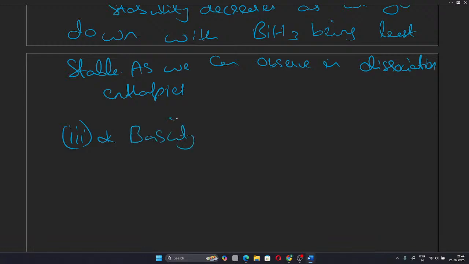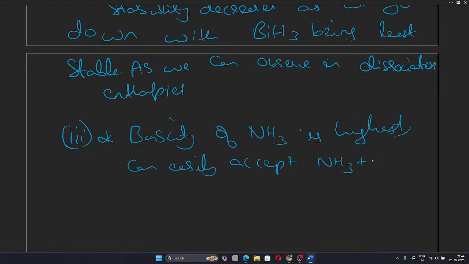Basicity of NH3 is highest, it can easily accept H plus to become NH4 plus. Basicity of BiH3 is lowest.